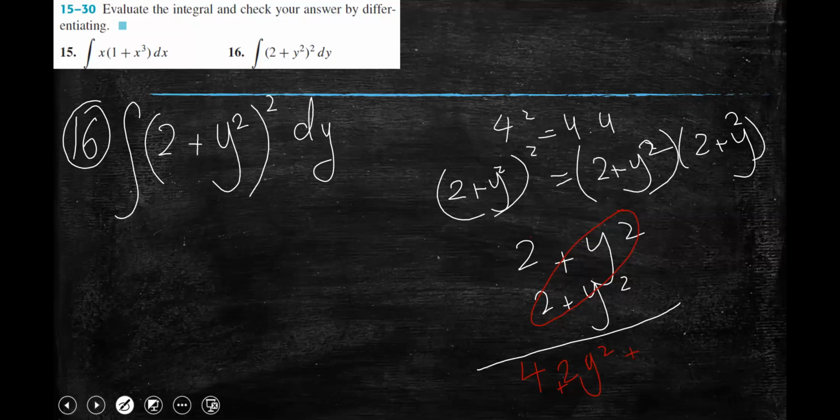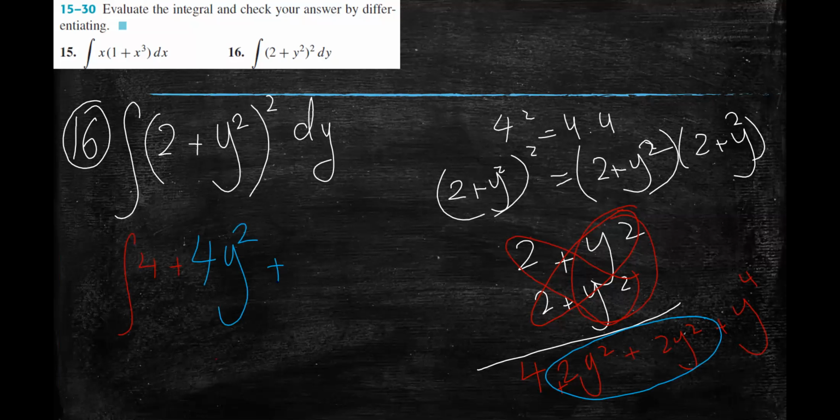Plus 2 times y squared will be 2y squared, plus y squared times y squared, which is y to the power 4. So the new integral will be 4 plus, let's add them here, 4y squared plus y to the power 4, and this is integrated with respect to dy. Is it clear now?